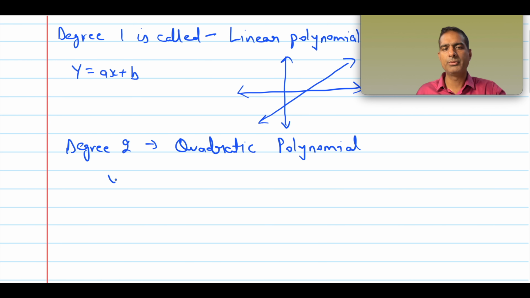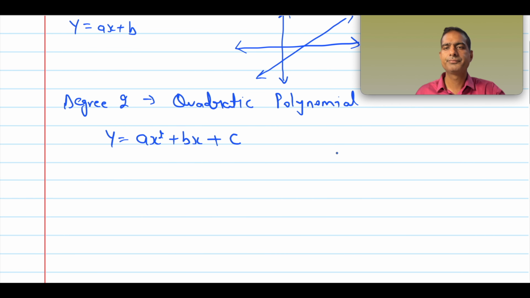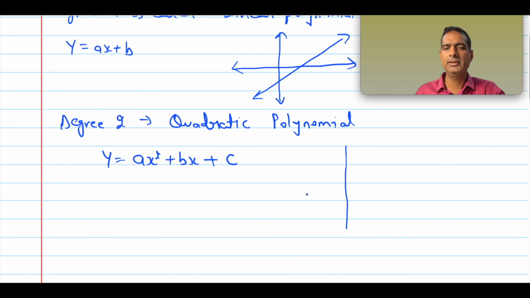And its basic form is y is equal to ax square plus bx plus c, where a, b and c are real constants and x is a variable. And what is the shape of a quadratic polynomial? We all know the shape of a quadratic polynomial is a parabola, right? It can be opening upwards or downwards. So, the shape of a quadratic polynomial is a parabola.